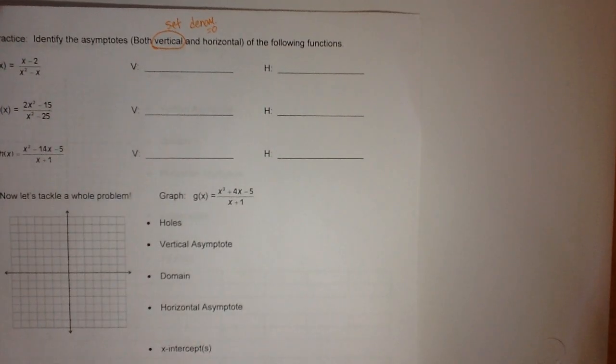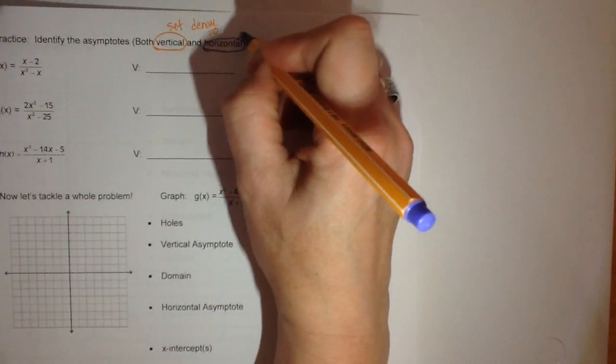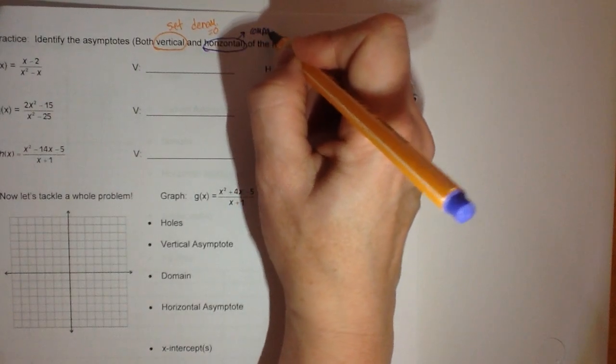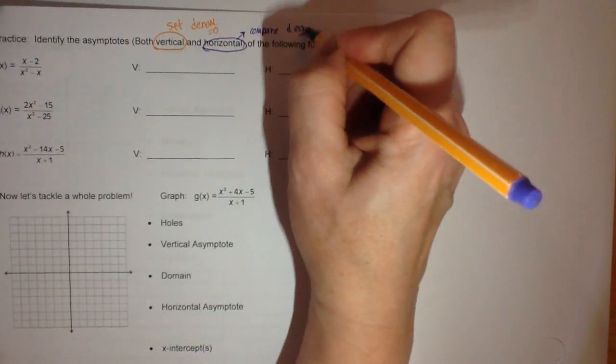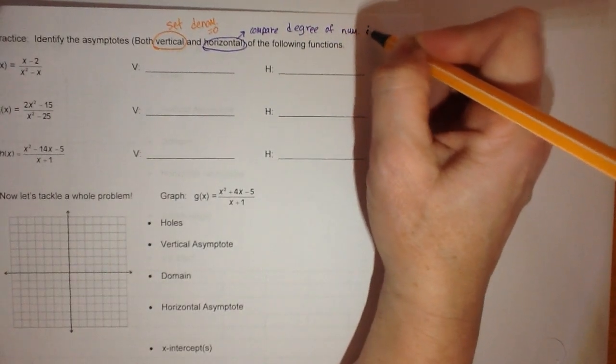And then how do we find horizontal asymptotes? We find horizontal asymptotes by comparing the degree of the numerator and denominator.